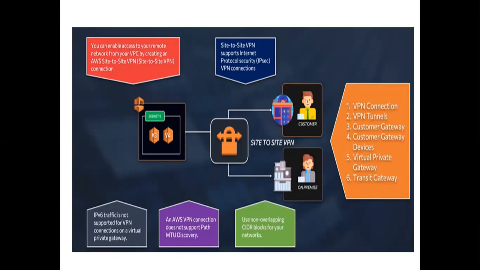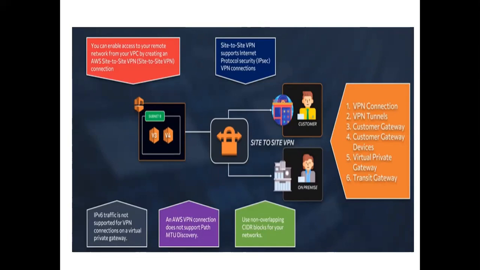A customer gateway is nothing but a physical device or a software appliance that is managed at your customer premises, meaning at your on-premises. Let's assume you have an AWS data center and you have a data center in Bangalore. This Bangalore data center requires a device called a customer gateway device.